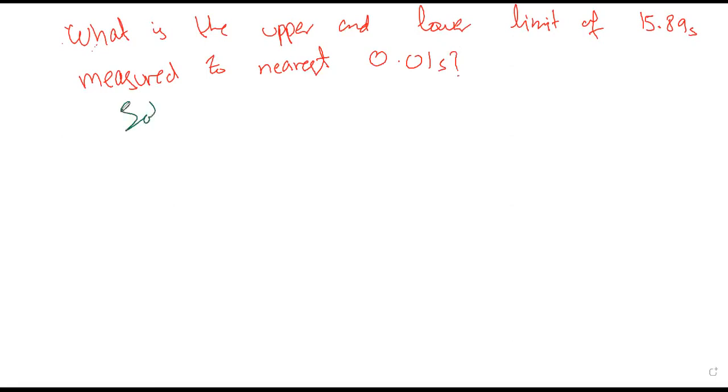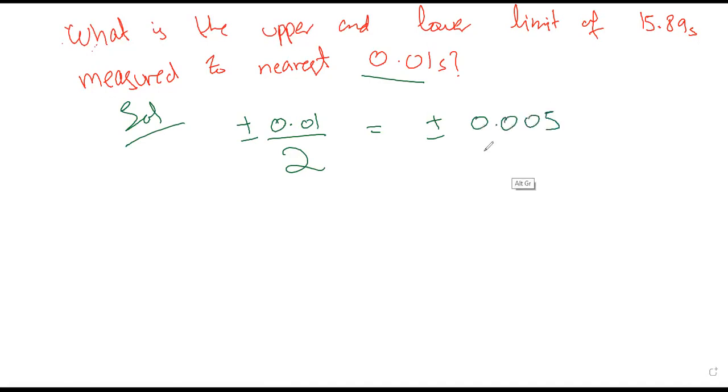Again, nearest, this is plus minus 0.01 divided by 2. This will give us plus minus 0.005. Okay, do you understand why 0.005?